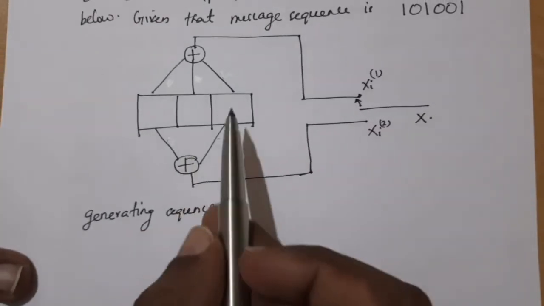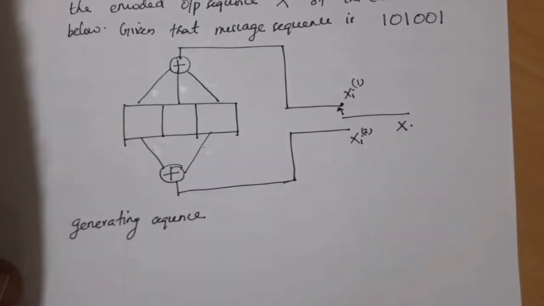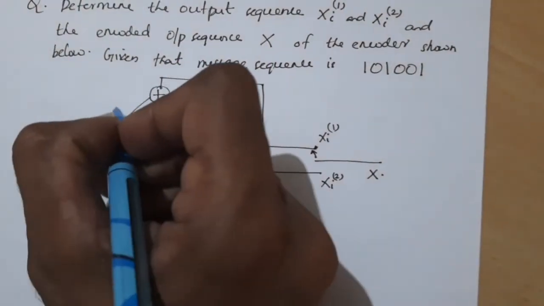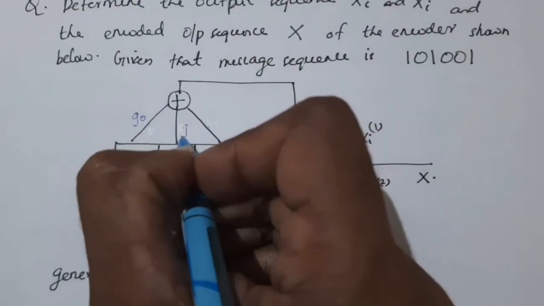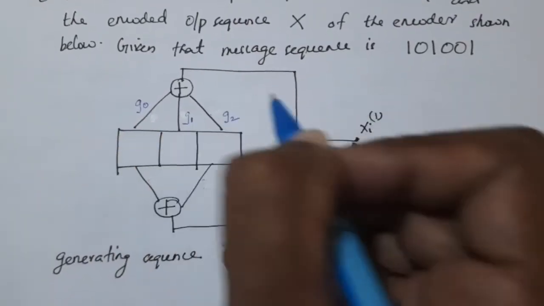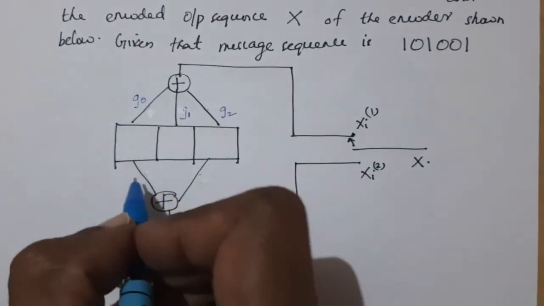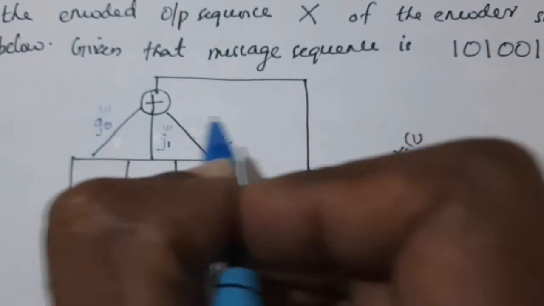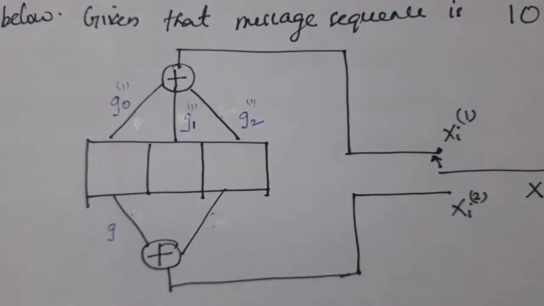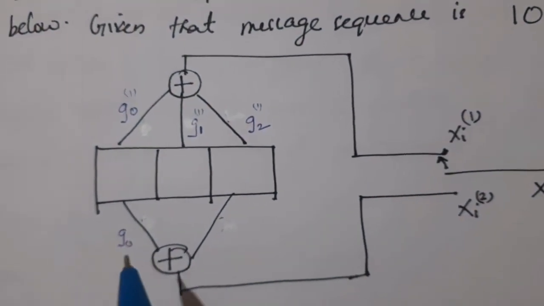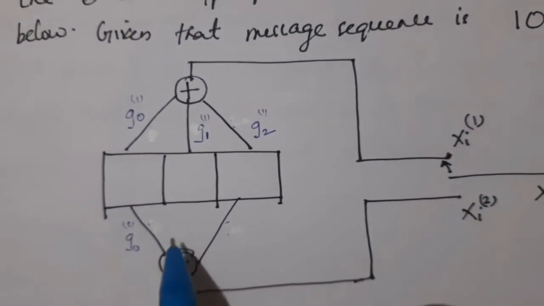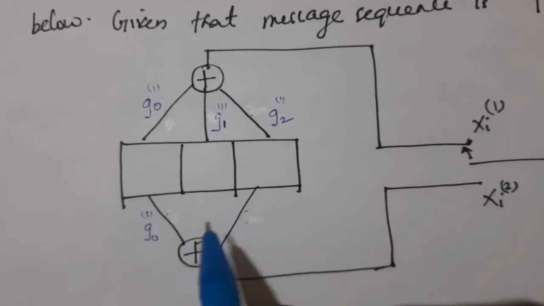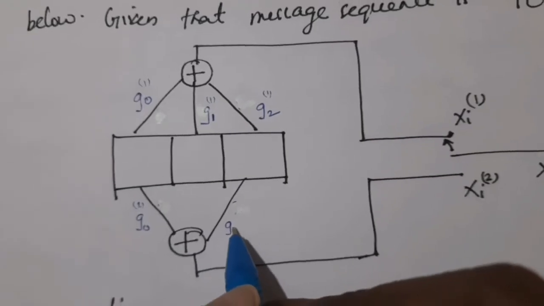As we know, this will be G0, G1 and G2. So this will be G0 of 1, G1 of 1, G2 of 1. And this will be G0 of 2, and we can see that G1 of 2 is 0 because this is open, and this will be G2 of 2.